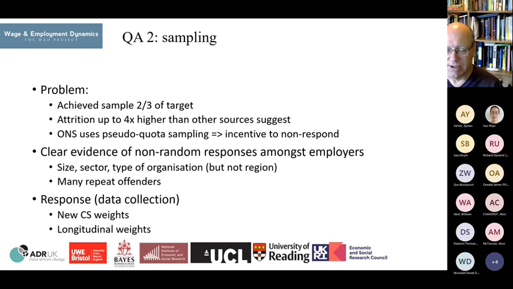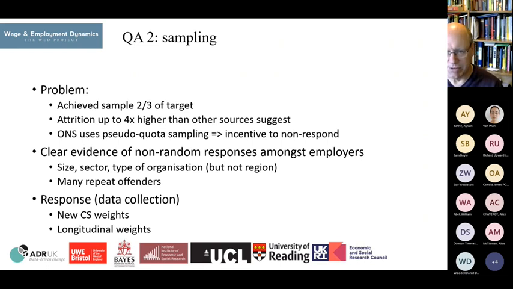It's pretty much the numbers in ASHE are what we would expect from the business structure database. In other organisations, particularly the private sector, particularly small organisations, there seems to be quite a lot of missing data. There are some sector variations. It's not clear where they come from.